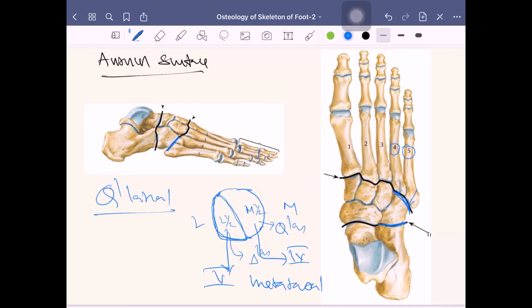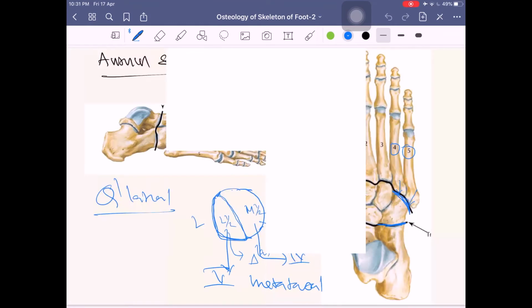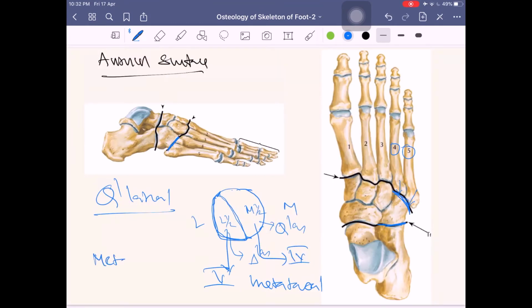So what will be the name of the joint? So name of the joint should be metatarsal. So it is between metatarsal cuboidal joint. So this finishes your anterior surface.